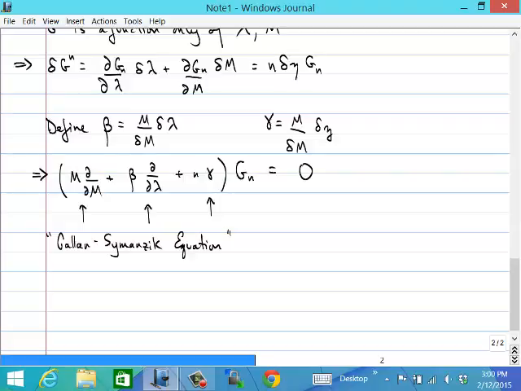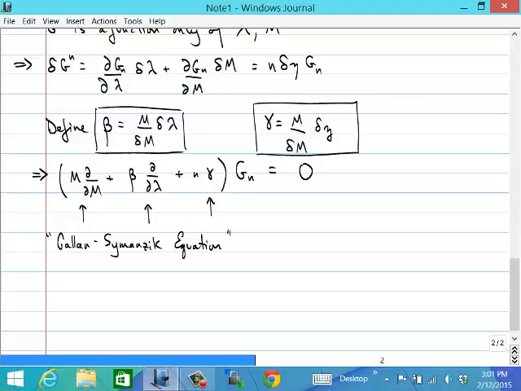Maybe just to make contact, just to explain a little bit the notation that we're using here, let's just stare at these definitions for a second. So let me rewrite them a little bit.